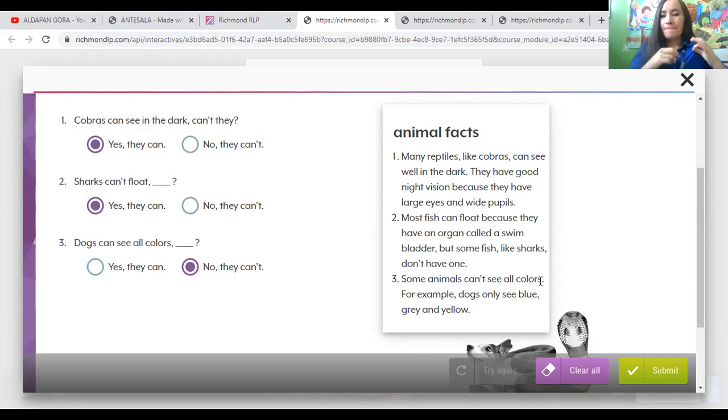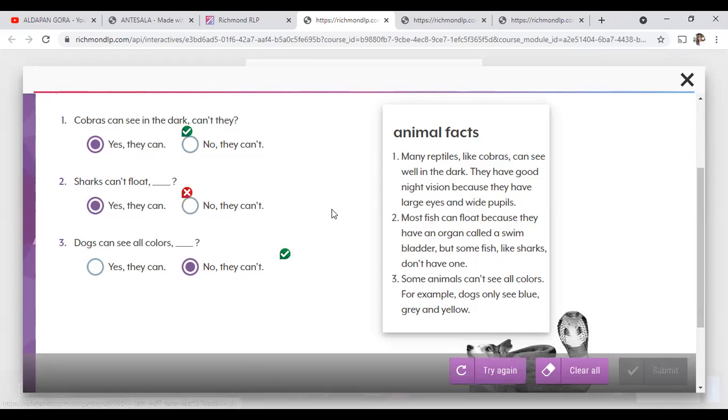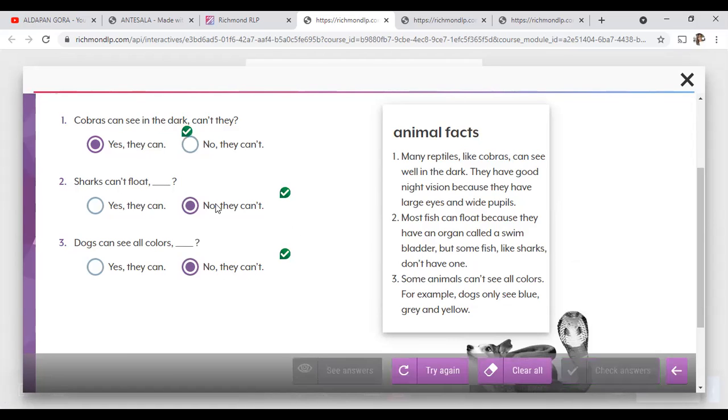Okay, you see? This is all. The answer for this is no, they can't. Yeah, Sophie, this is the answer, right? Sharks can't float, can they? No, they can't.